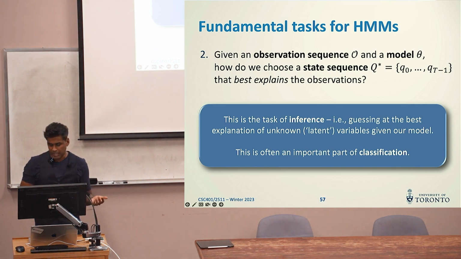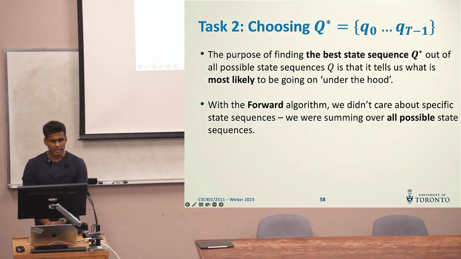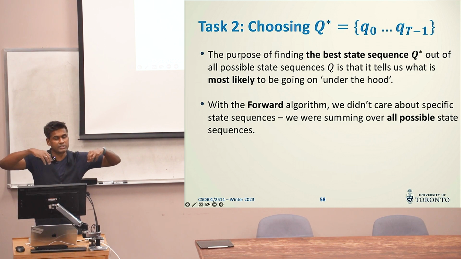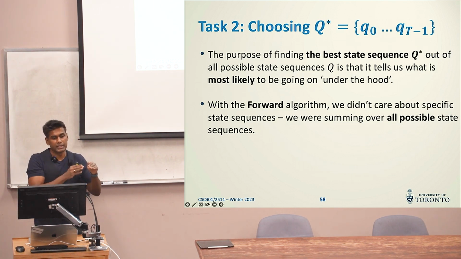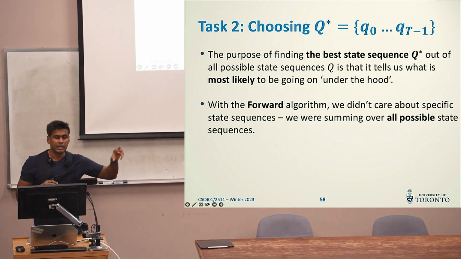What is the purpose of inference? We know that there are certain hidden states, and we're trying to infer the possible state sequence, because our state sequence is non-stationary. So essentially, we're trying to find Q star using our observations.